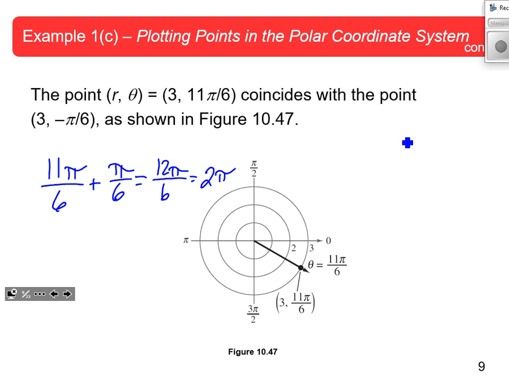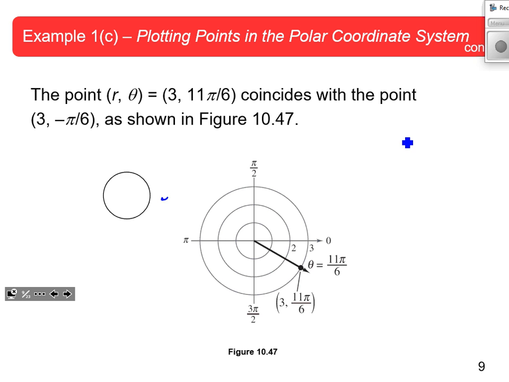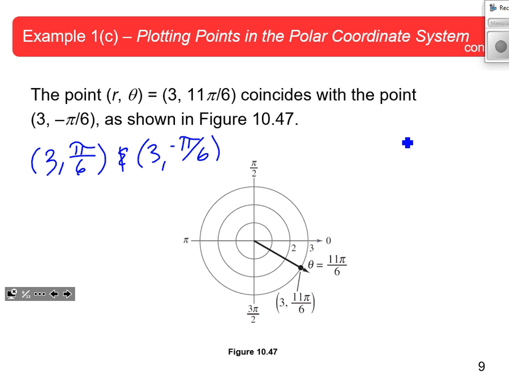They add together to be 2 pi, one whole circle. Because this direction is a negative angle. This direction is a... Now, these are 2 different ways that we can represent this here. So 3 comma 11 pi over 6 and 3 comma negative pi over 6. So that's 2 ways. Any questions on this here so far?